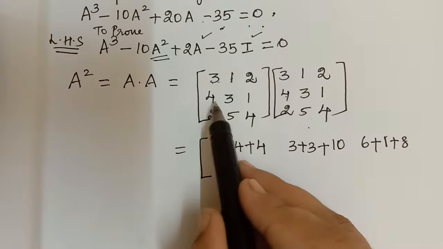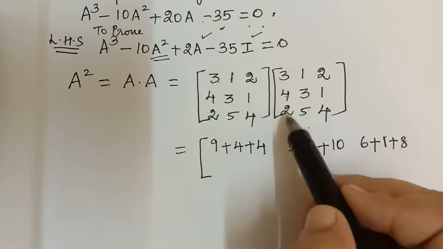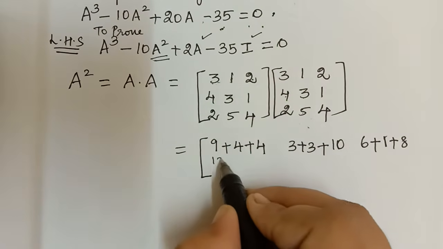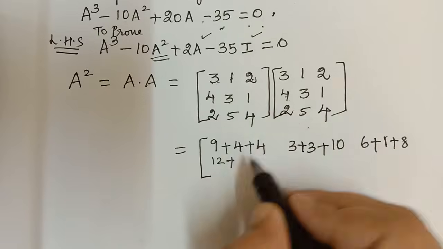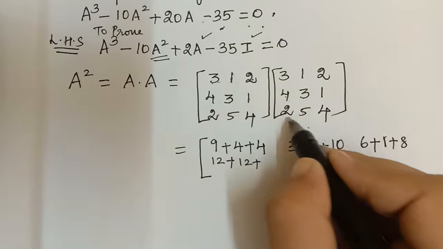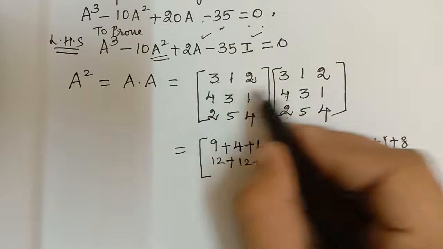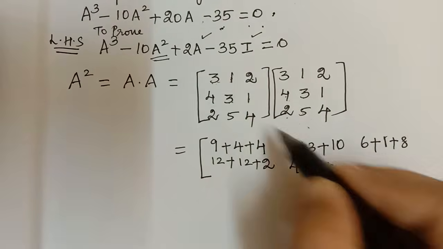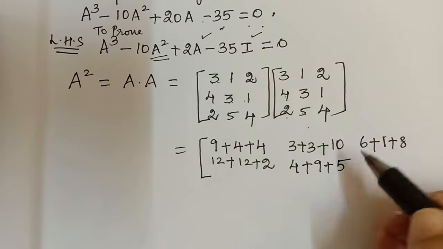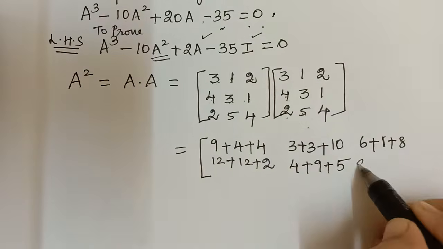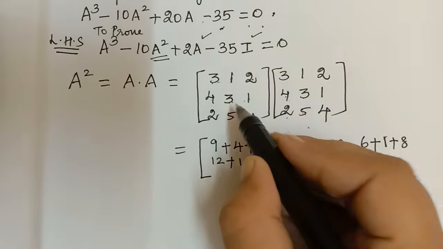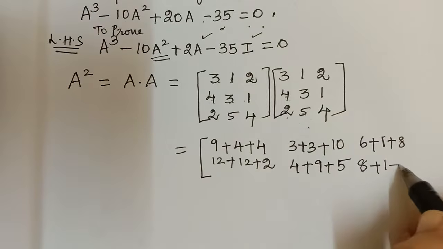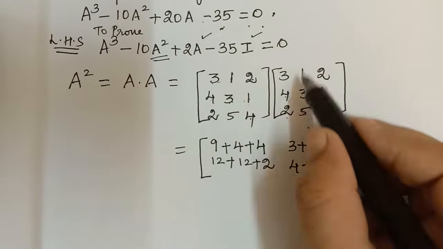So similarly, second row and first column. So 4 3 times is 12, plus 3 4 times is 12, plus 1 into 2 is 2. And then 4 ones are 4, plus 3 3 times is 9, plus 1 into 5 is 5. And then 4 2 times is 8, plus 3 1 times is 3, plus 1 into 4 is 4. And then the last row with all the columns.